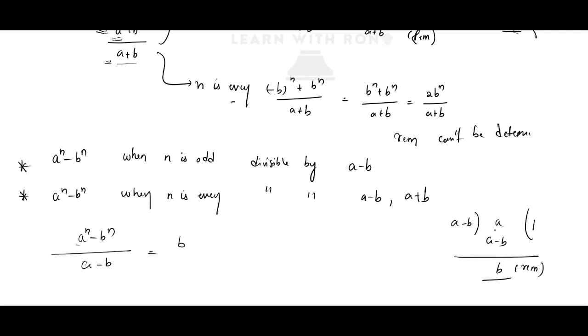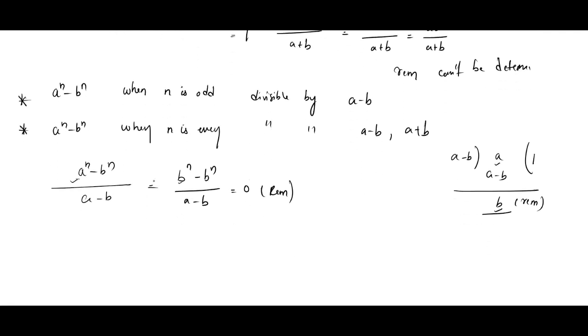So in the place of a, I can write b. That's what I wrote: in the place of a, I wrote b power of n minus b power of n, divided by a minus b, which gives remainder 0. If you observe here, I did not say whether n is even or odd. So whatever the value of n, a power of n minus b power of n is divisible by a minus b exactly.